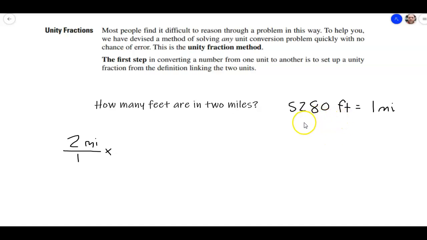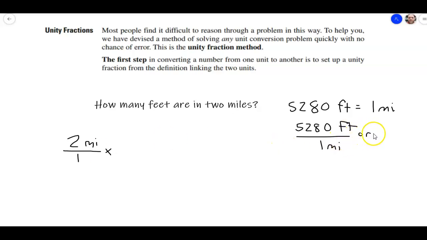So I can write that as two different unit fractions. I can either write that as 5,280 feet over 1 mile. Remember, these two quantities are the same, so if you divide anything by itself, you're just going to get 1. So if we're multiplying by 1, we're not really changing the value, we're just converting.